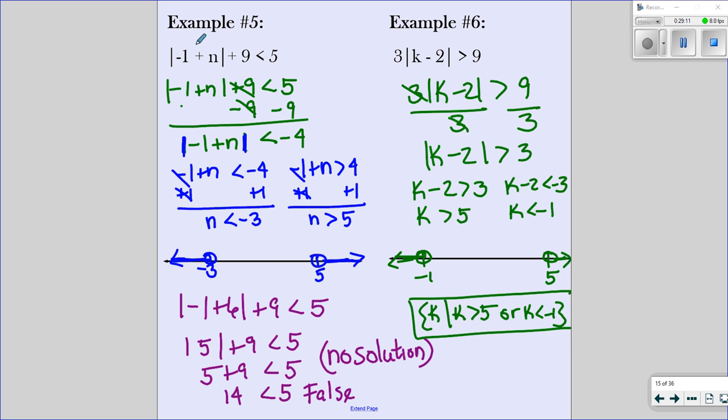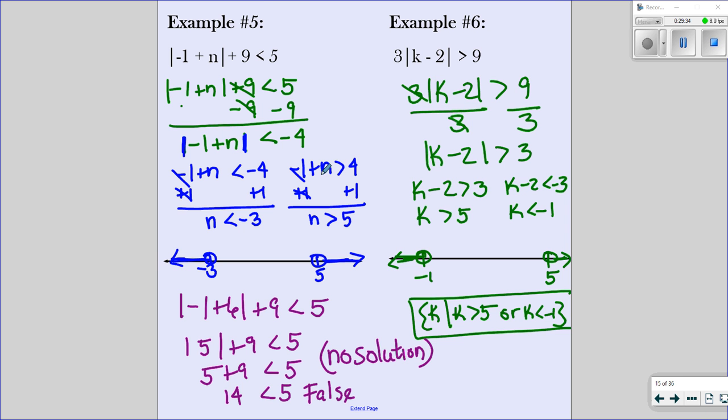So you need to isolate the absolute value expression, whether you're going to add or subtract on the other side, or divide or multiply on both sides, just to get the absolute value expression by itself. Once you do that, split it in 2, find the 2 inequalities, put it in the graph, and then see what's going on.